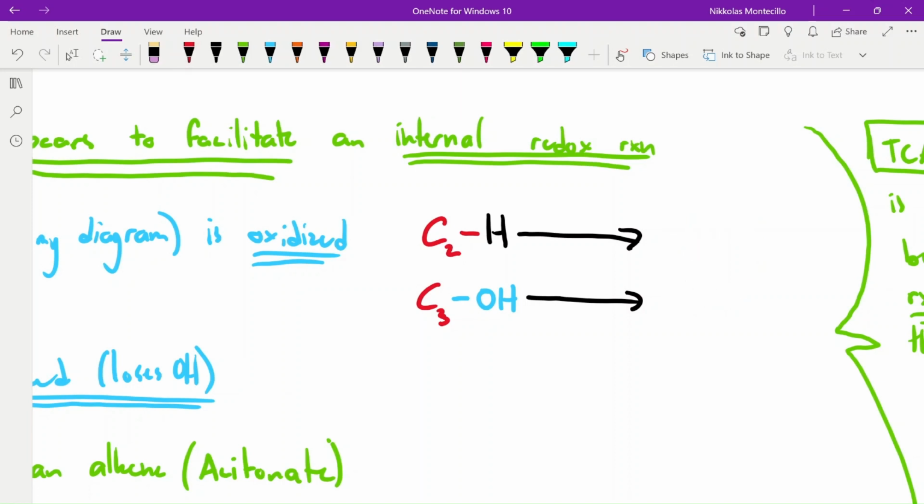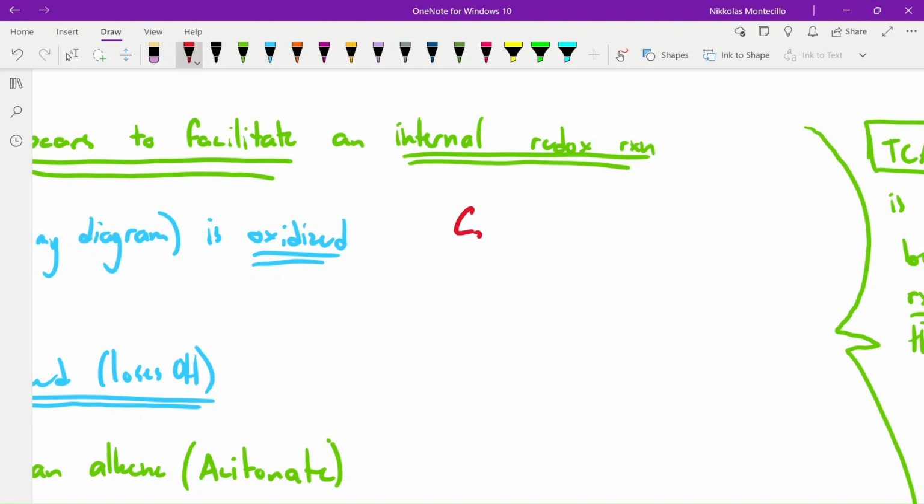This line of reasoning may not necessarily be correct, because I don't think C2 necessarily loses anything, because even if it loses its bond to hydrogen, or you know what, since there's equal sharing of electrons, no, I'd say that it still loses those electrons.